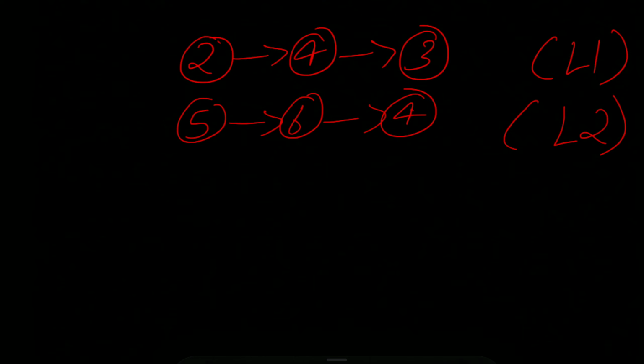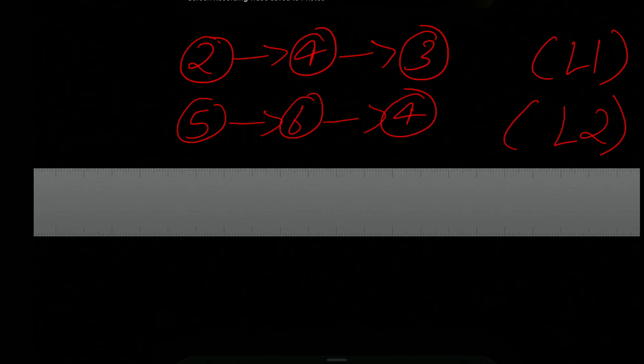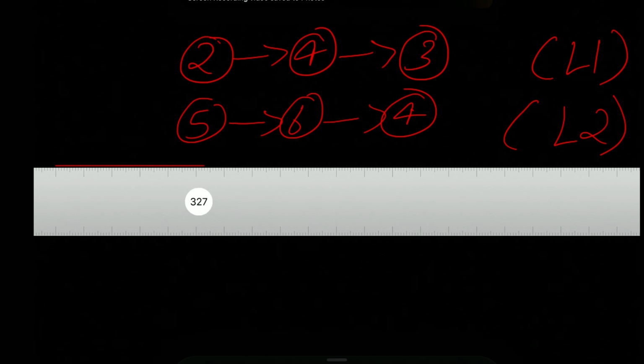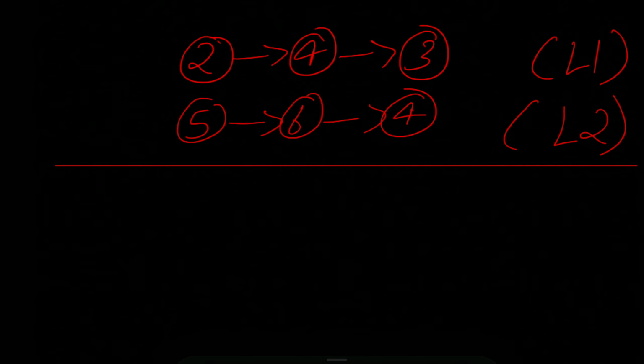Now the name of the first linked list is L1, the name of the second linked list is L2. What should we name our answer linked list? I'll name it answer. Let me first draw a line. Now we have to make a variable which will have the original value of answer, basically our linked list.